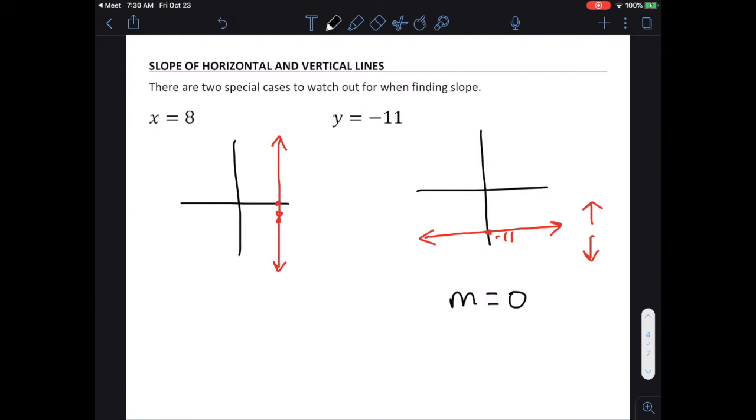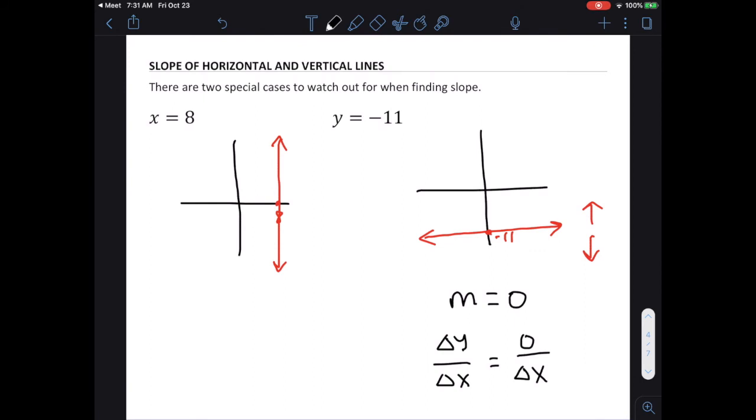And the reason that it's 0 is if we think about slope as change in y over change in x, we'll notice that the change in y here is 0 because it's not going up or down. So we have 0 divided by the change in x. Well, 0 divided by anything is just 0. So that's why this equation has a slope of 0.